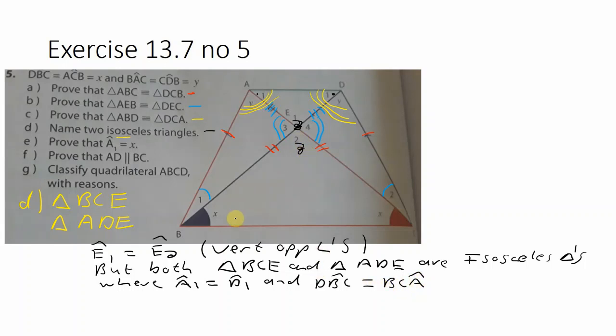so now we know a triangle has 180 degrees. So if E1 and E2 is actually the same, then we have to subtract that from 180, that size, and the remaining size we will have to divide by 2 in this triangle.